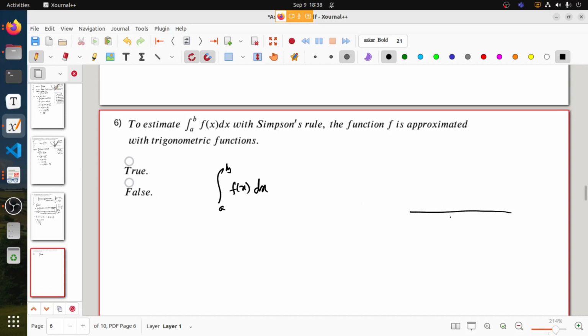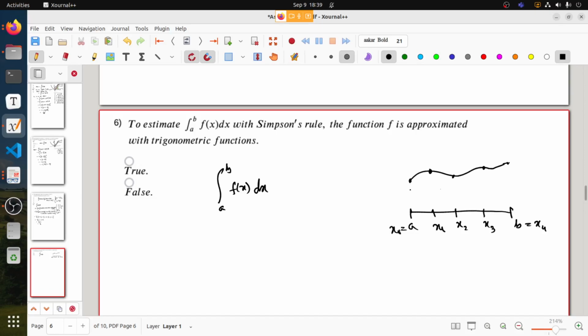Suppose this is the interval a to b, and suppose some kind of function is there, and suppose this is x0, x1. In Simpson's rule you are doing an even partition. Suppose we are taking x2 and x3, and this is x4. So these points are x1, x2, x3 and x4.